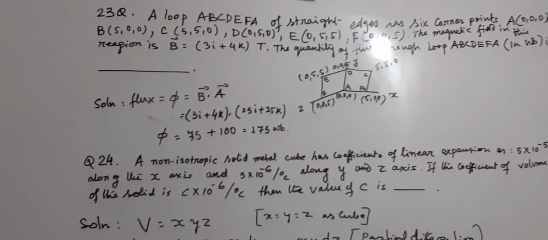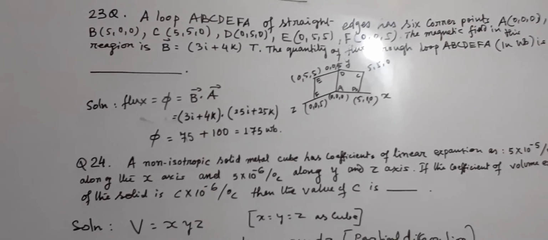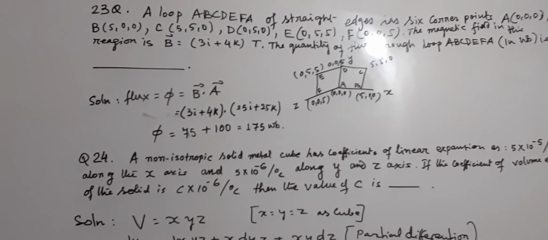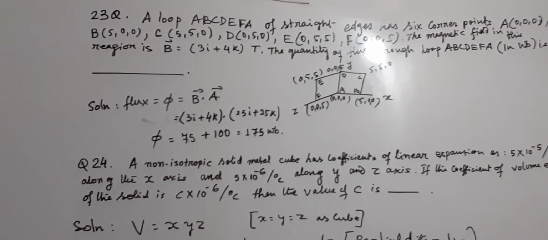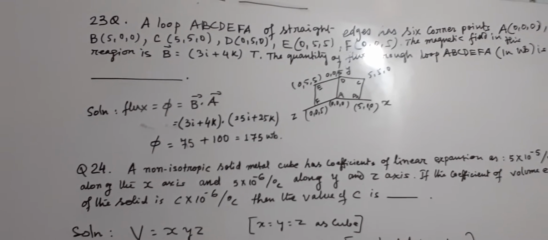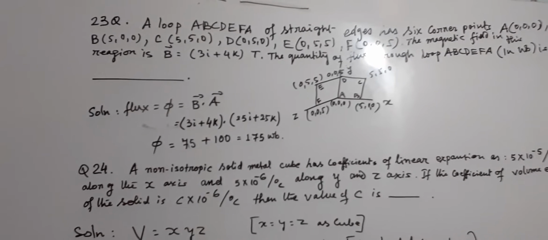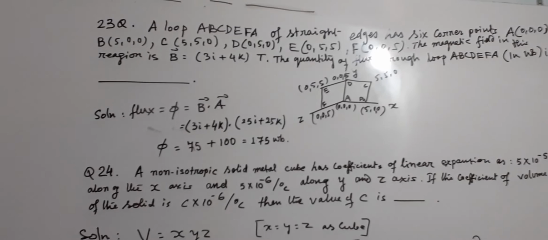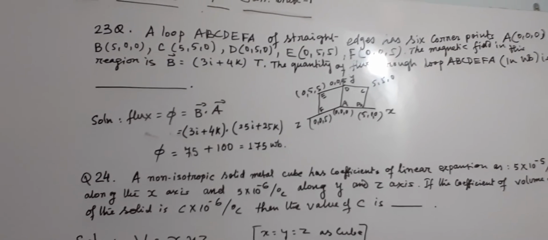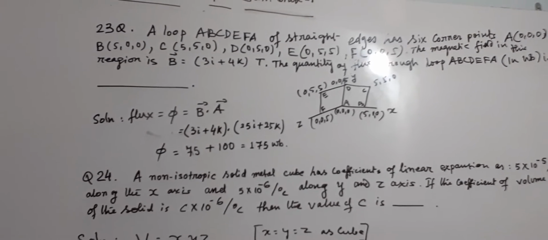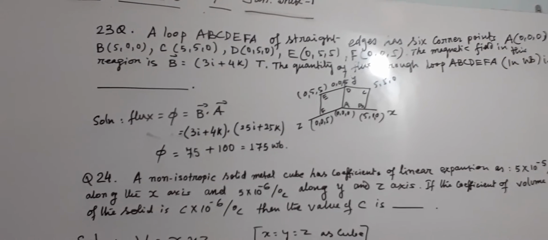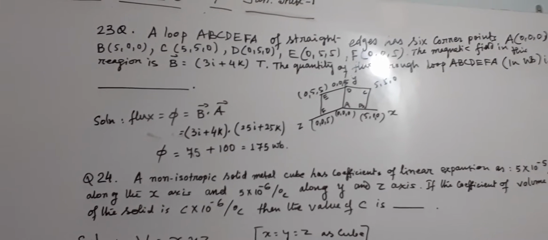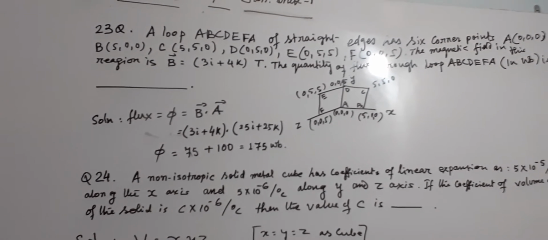Now, as we know, flux phi equal to B dot A. The area vectors for ABCD as well as ADEF are perpendicular to the areas. That means for ABCD it will be along the k direction, 25 is the area, and 25k will be the area vector.